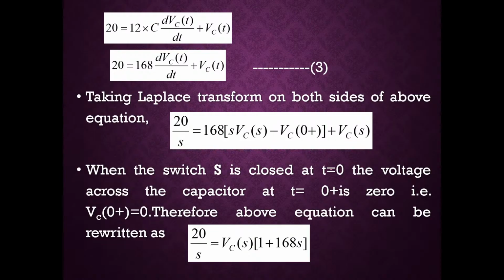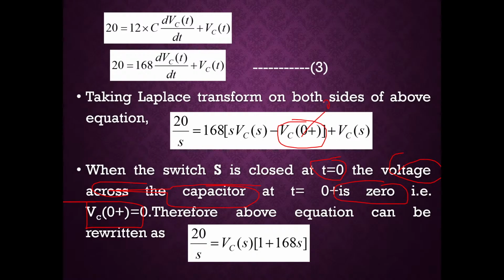Now we know at t equal to 0 the switch is closed. So at t equal to 0 plus, that is immediately after closing the switch, the voltage across the capacitor is 0. So Vc(0 plus) is 0. As soon as the switch is closed, no voltage is developed across the capacitor. So substitute that condition here.